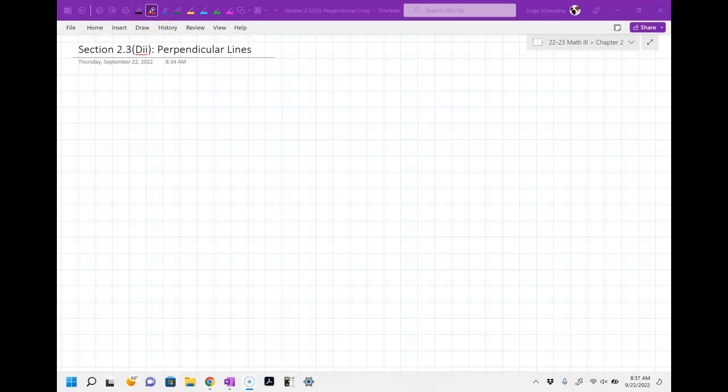Perpendicular lines are different. Okay, so perpendicular lines.